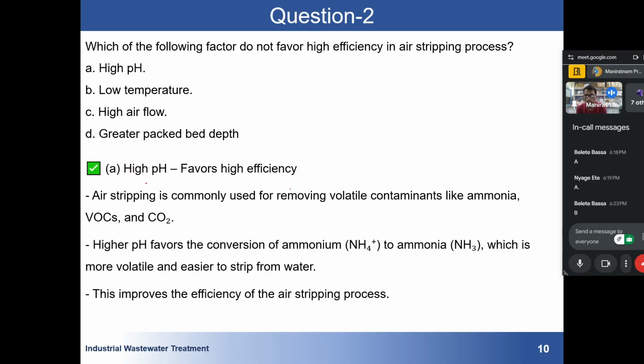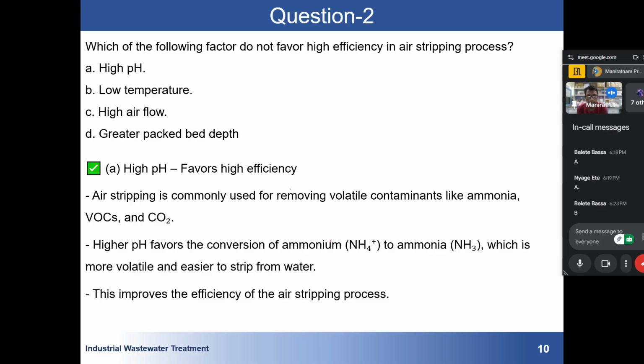So the first option is high pH. It favors high efficiency. Air stripping is commonly used for removing volatile compounds like ammonia. High pH favors the conversion of ammonium to ammonia. See, ammonium has a pKa value. I think everyone is aware of pKa, where there is protonation and deprotonation. H plus will be taken by the material, any acid, and it will form some other form.